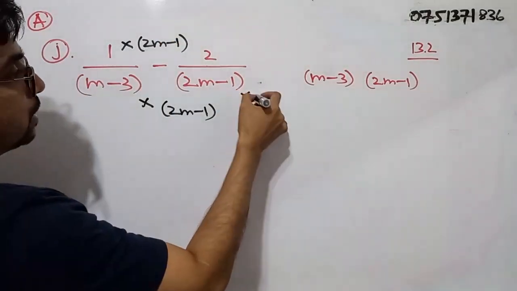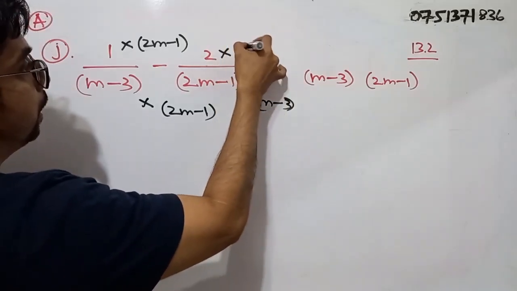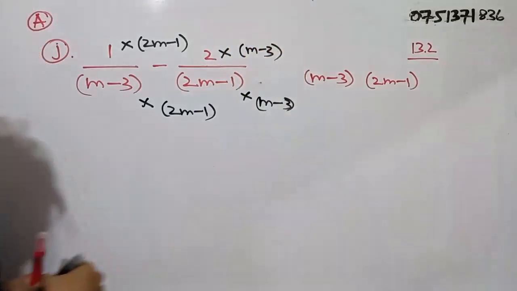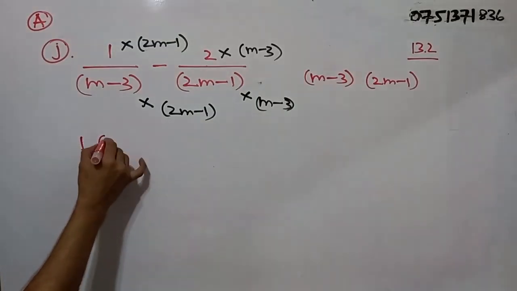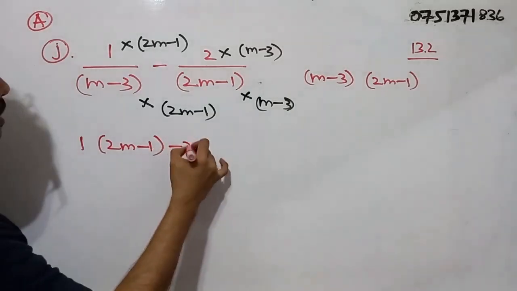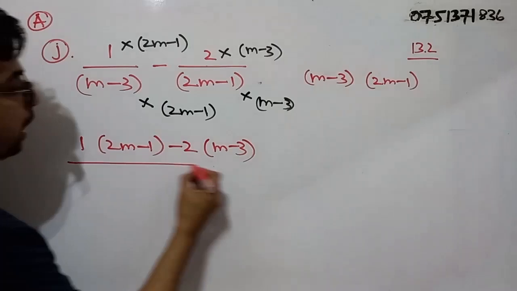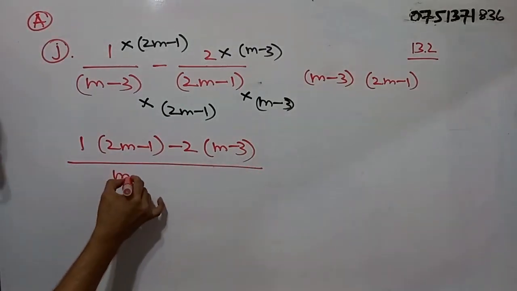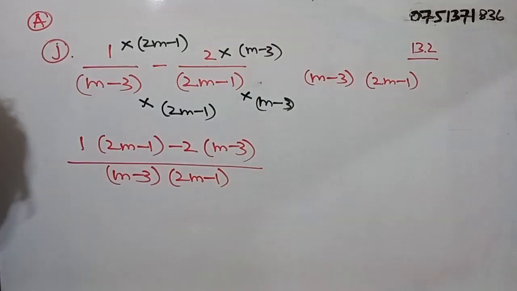Then we need to multiply this expression by what? m minus 3. Then we need to multiply this by m minus 3. Okay. So what do we have? 1 into 2m minus 1 minus 2 into m minus 3. Entire expression divided by m minus 3 and 2m minus 1.